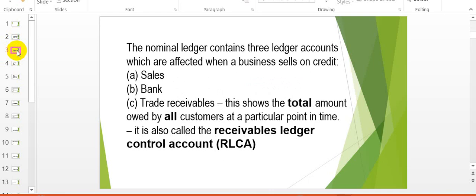The nominal ledger contains three ledger accounts which are affected when a business sells on credit. So when a sale is made, the sales account will be affected.